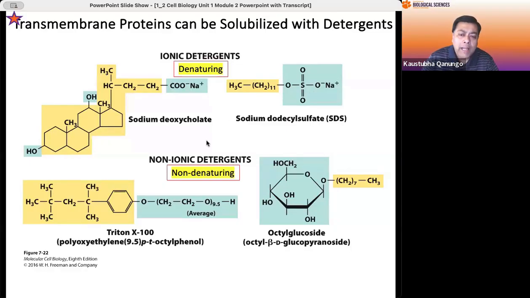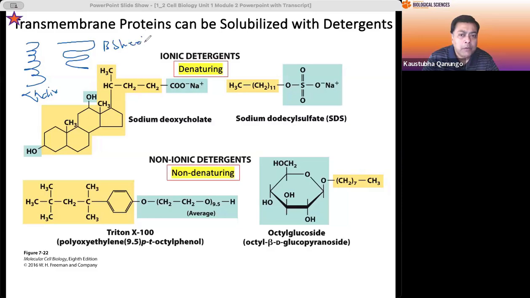So why are there two different types, and what do we use them for? Remember that proteins have the alpha helix, or they can have the beta sheet. So this is your alpha helix, or they can have these beta sheets. Usually they are stabilized by hydrogen bonds.